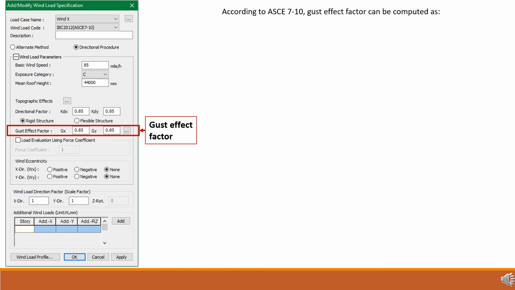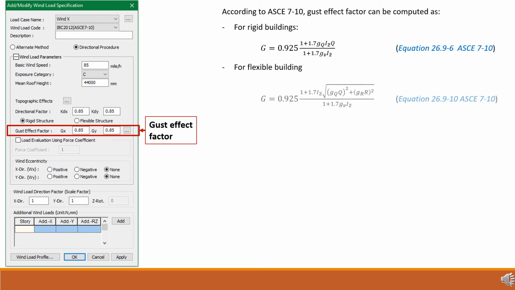According to ASCE 7-10, gust effect factor can be computed as follows for rigid buildings, and for flexible buildings.